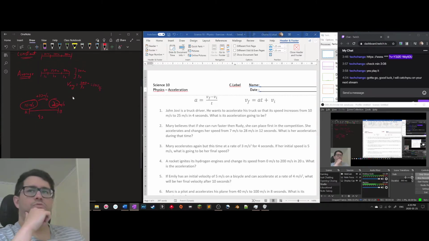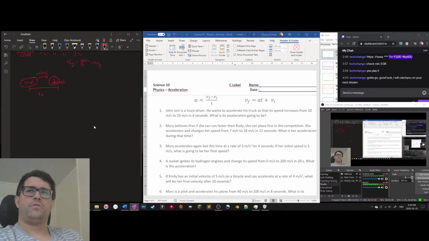So I'll remove the letters now, and we call this the initial and the final situation. This is the initial situation, and this is the final situation. So the speed initially was 10 meters per second.